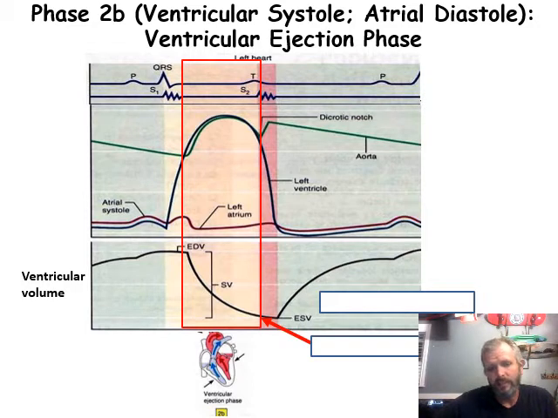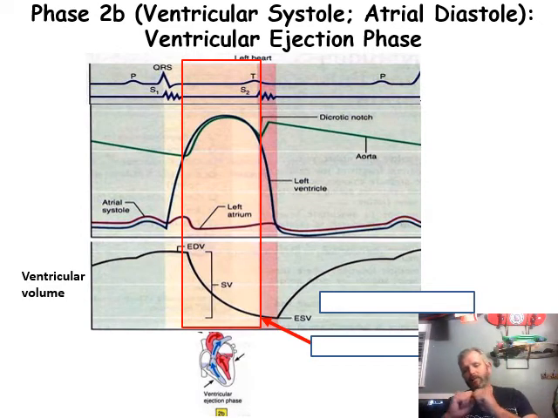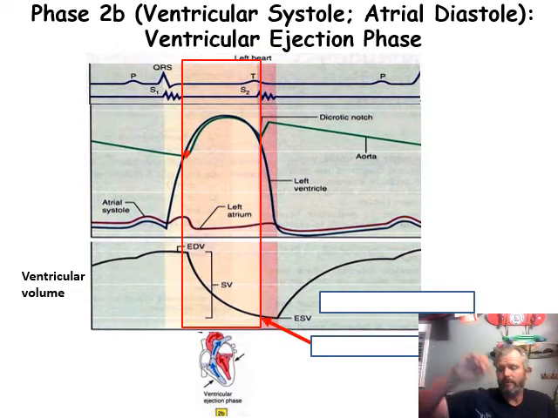And you can see the aortic pressure basically shadows that of the ventricular pressure, because blood is now being pushed out into the aorta. So when this happens, what valve would be opening? Yeah, the semilunar valves, because blood is going from the ventricles out to the aorta. That means the semilunars have to open for blood to pass through.